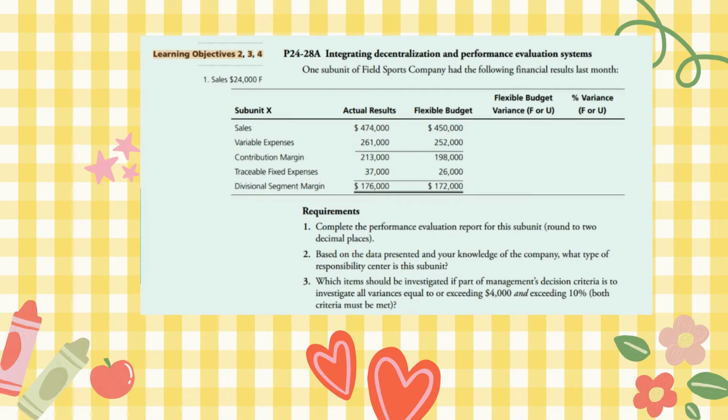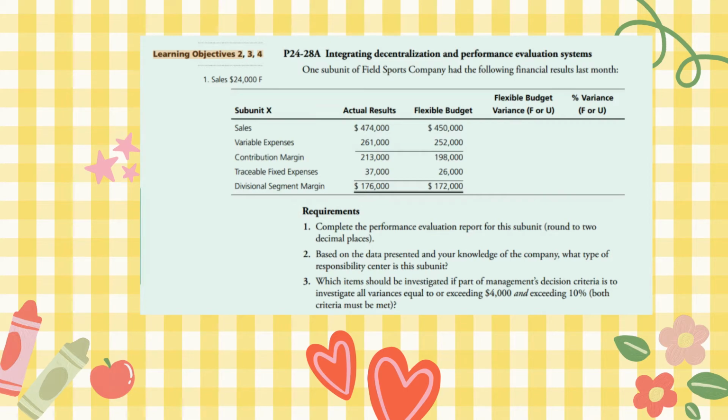So we have this question. One subunit of field sports company had the following financial results last month. We have subunit X, sales, variable expenses, contribution margin, traceable fixed expenses, divisional segment margin.